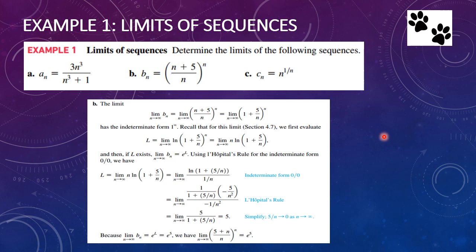For part B, we have the limit as n goes to infinity of n plus 5 over n to the power of n. If we rewrite this as 1 plus 5 over n to the n, this has the indeterminate form of 1 raised to the infinite power, because the second term goes to 0. 5 over infinity is 0.